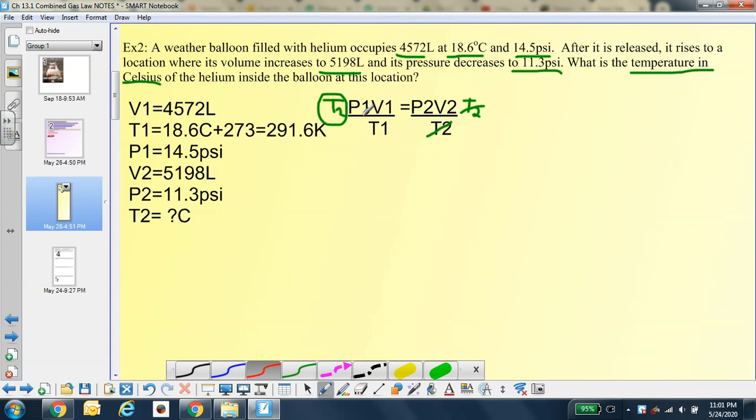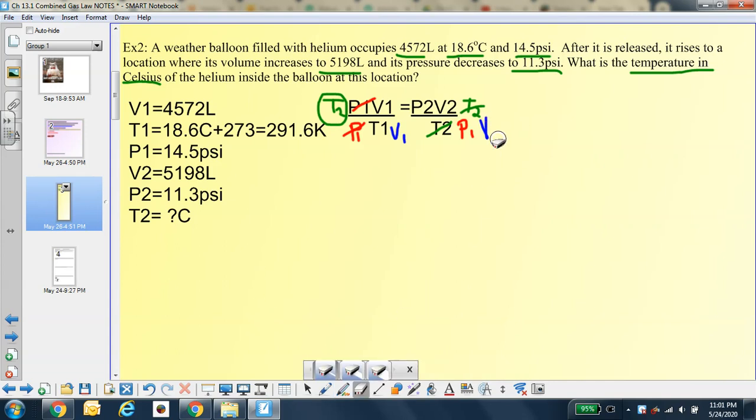So since P1 is on the top, I move it to the bottom. What I do to one side, I do to the other. P1 cancels here. V1 is on the top, I need to move it to the bottom. What I do to one side, I do to the other.